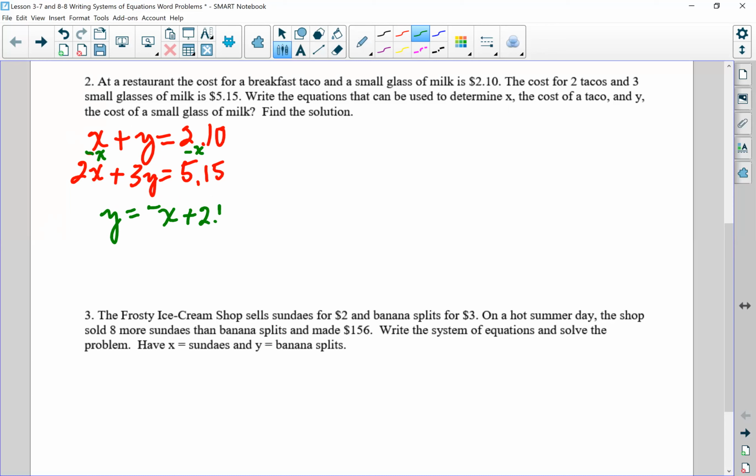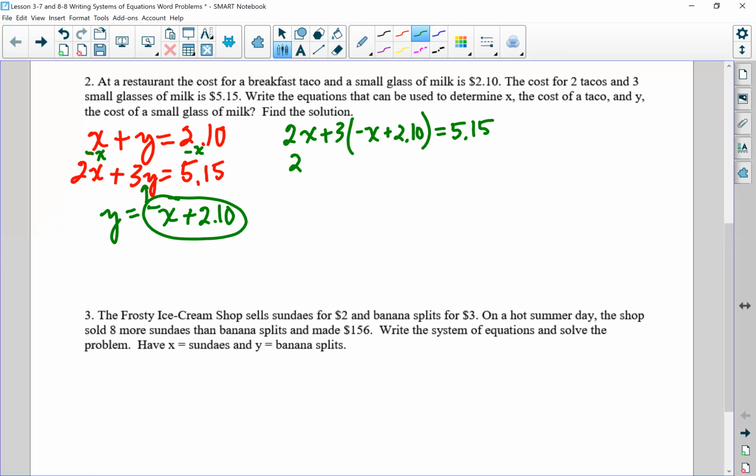And that's what I'm going to put into this equation for my y. So I'm going to rewrite that here: 2x plus 3, and then in parentheses, negative x plus 210. And all of that equals 515.